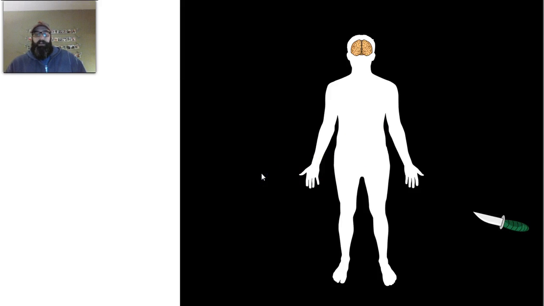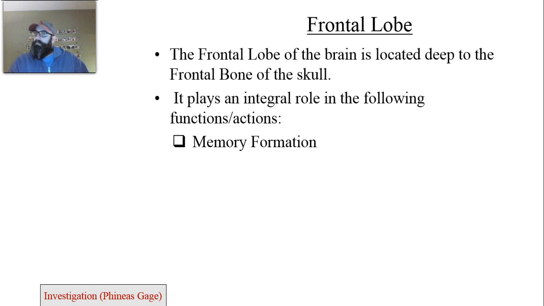Let's say that this person randomly gets stabbed repeatedly in the leg. Well, since that happens to be the left leg, a sensory signal is going to be generated that is going to travel to the right side of the brain, the right hemisphere. So the two halves of the brain work for their opposite counterparts of the body for sensory and motor information.